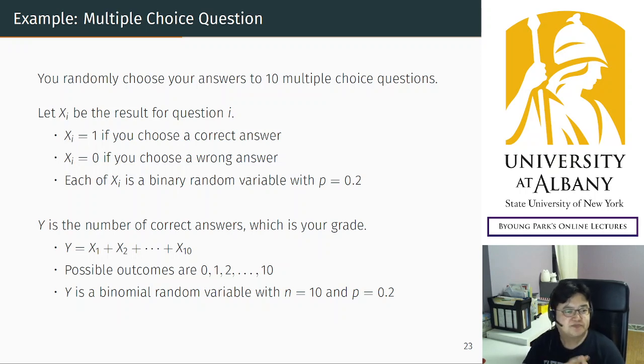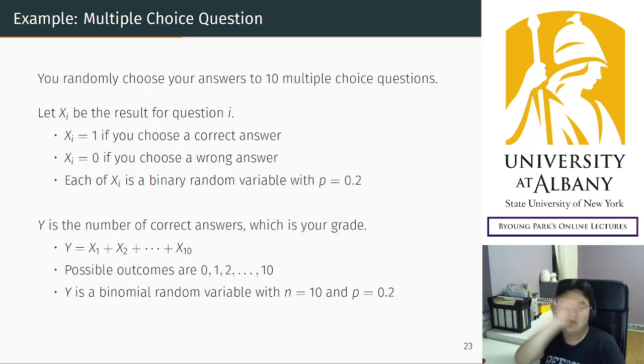But now you can extend the same example to multiple questions. Suppose that there was an exam, like a homework. In a homework, there are 10 questions, and each question has 5 choices, and only one of them is correct.